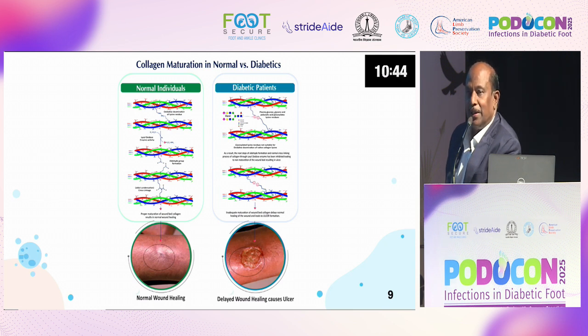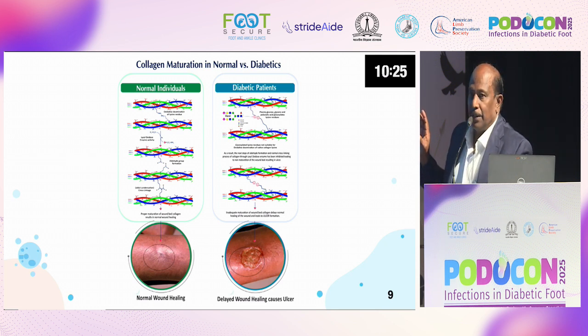Anywhere from having the collagen attach to the platelets, or platelet-derived growth factors, or heparin, and also different types of growth factors. So it has so many functional aspects.